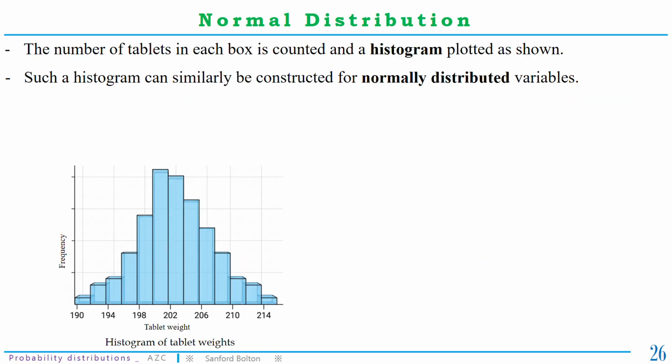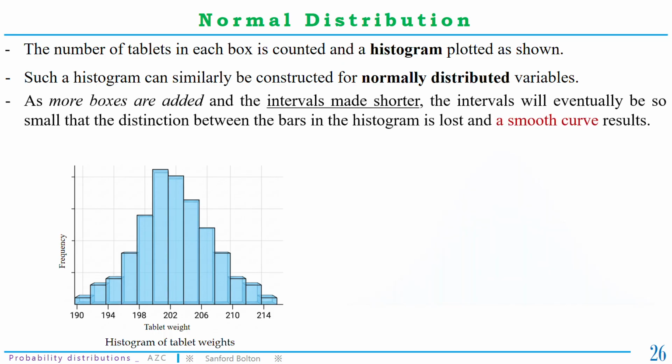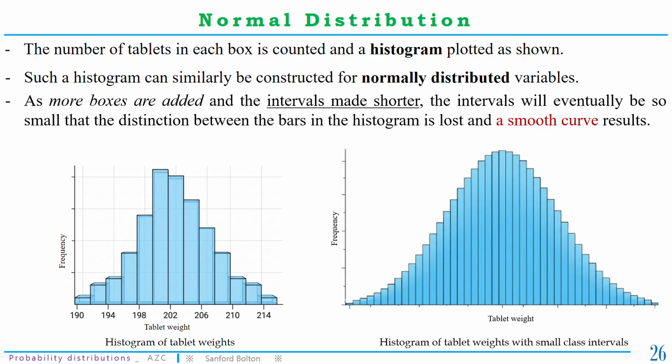The number of tablets in each box is counted and a histogram plotted as shown. Such a histogram can similarly be constructed for normally distributed variables. As more boxes are added and the intervals made shorter, the intervals will eventually be so small that the distinction between the bars in the histogram is lost, and a smooth curve results.